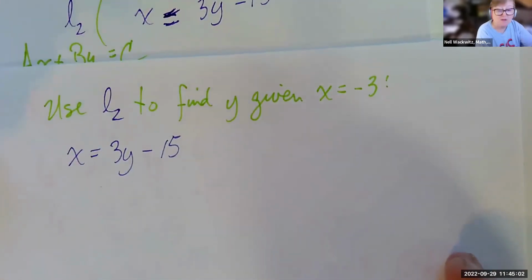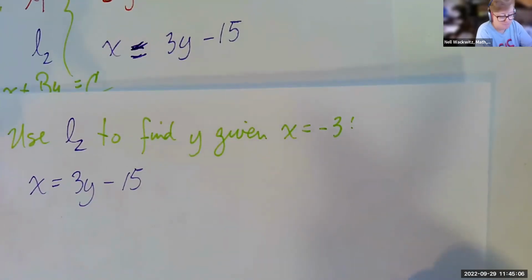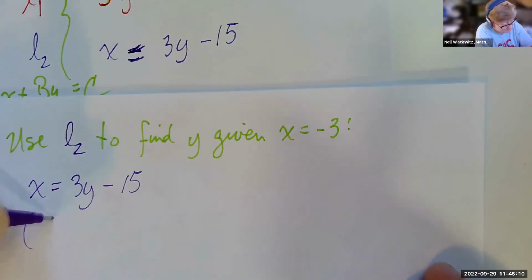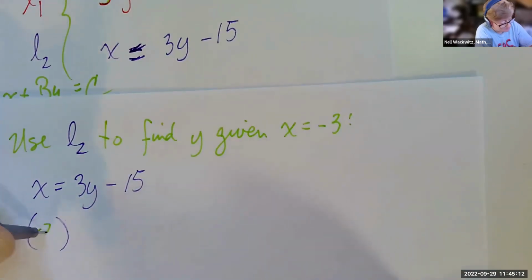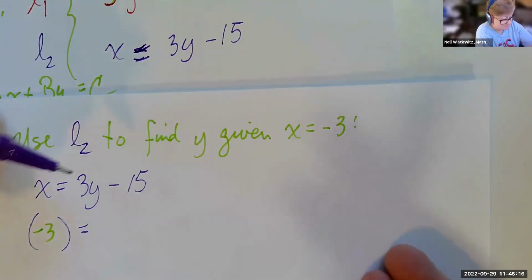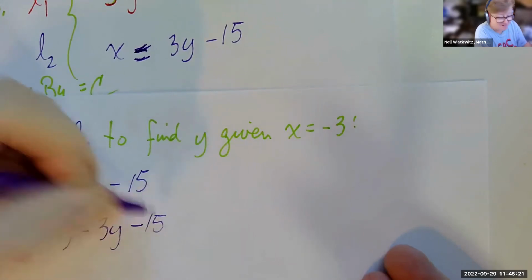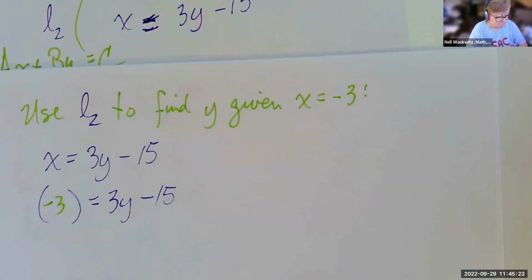Okay. So where are we going to substitute our value that we just found? We're going to do -3 equals 3y minus 15. Good. And we're going to divide.